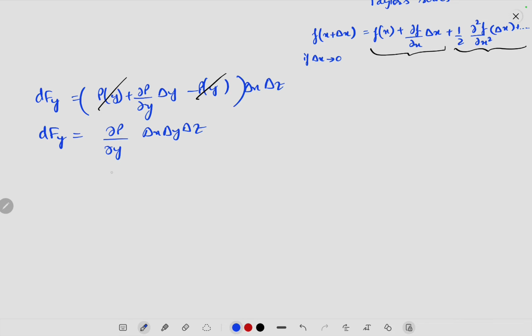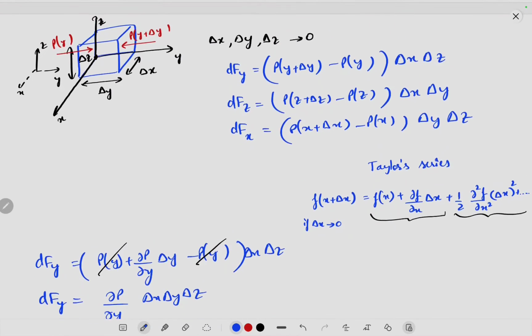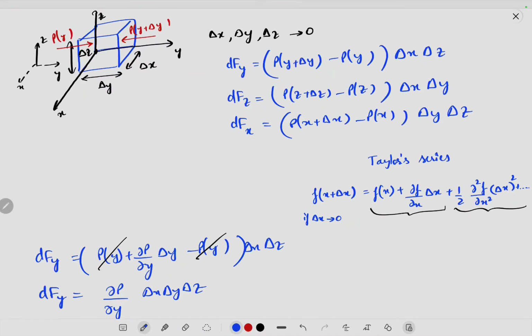Note that there is a sign mistake in this derivation. If you think carefully, dFy is actually the force acting along the positive y direction, right? And P of y plus delta y is directed towards the minus y axis, and P of y is directed along the positive y axis.